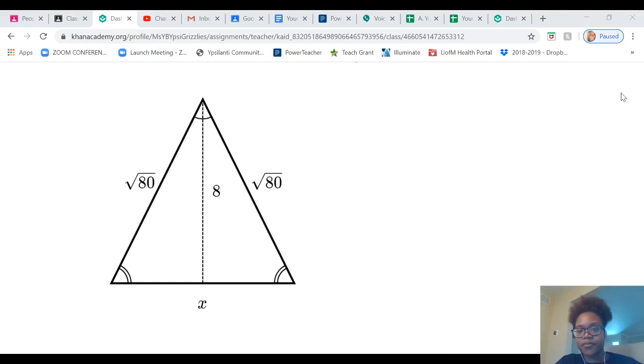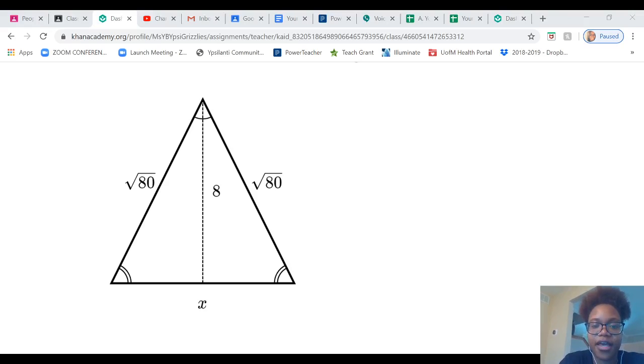Goodness gracious. For the next problem, we're given this triangle. So we're going to trace our right triangle, the two sides making our right angle. We don't know this side, so we've already called this whole bottom side x. So let's call this maybe y, so we don't get confused.